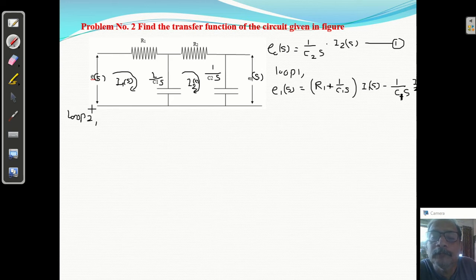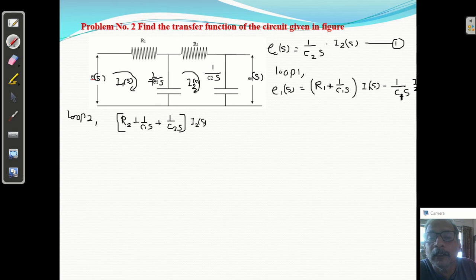Loop 2 is what? I2 is flowing here. I2 is flowing in R2, 1 upon C1 S plus 1 upon C2 S. In these three components I2 is flowing. At the same time, in this branch I1 is also flowing but in the opposite direction.